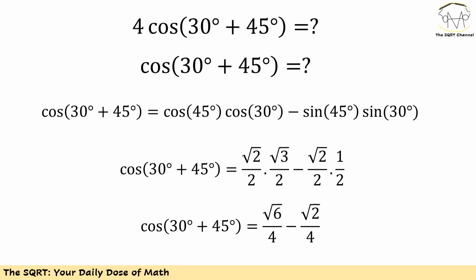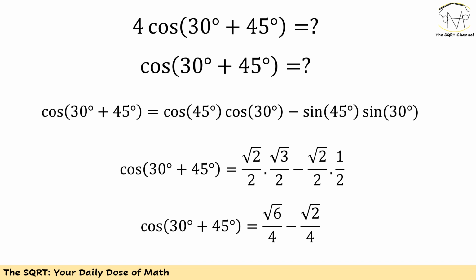Now focusing on cosine of 30 degrees plus 45 degrees, cosine of 30 plus 45 can be written as cosine of 45 cosine of 30 minus sine of 45 times sine of 30. And we already know that cosine of 45 degrees can be written as radical 2 over 2, cosine of 30 degrees can be written as radical 3 over 2, sine of 45 can be written as radical 2 over 2, and finally sine of 30 degrees can be written as 1 over 2.